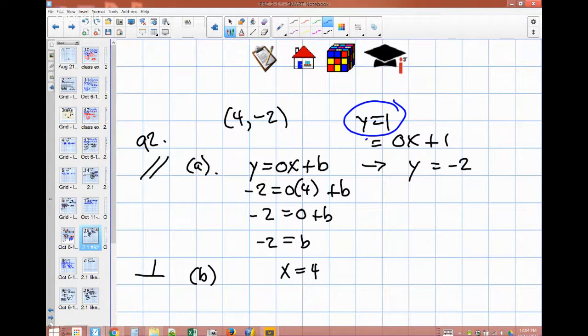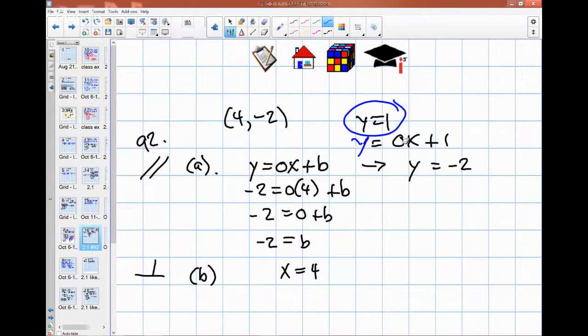Isn't that another way of saying y = 0x + 1? There's no x, so that must be a term that's nothing. That's 0x. So y = 1 is a horizontal line that's 1 up, a y-intercept of 1.